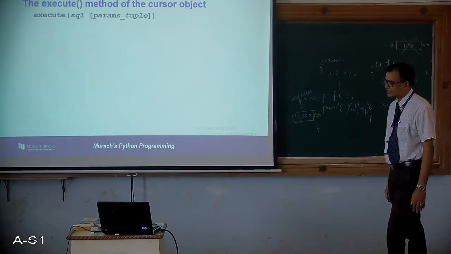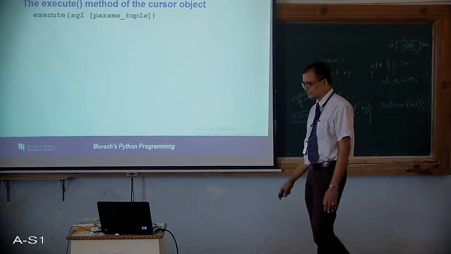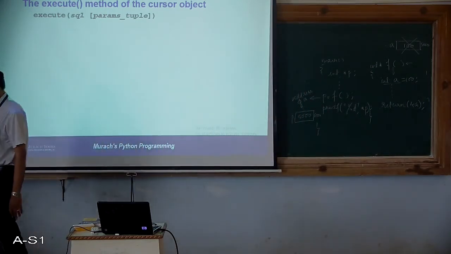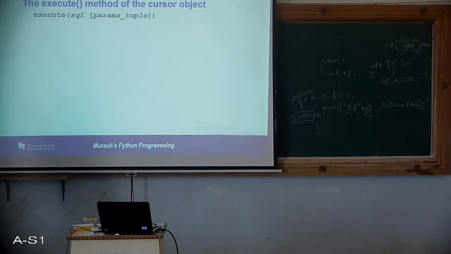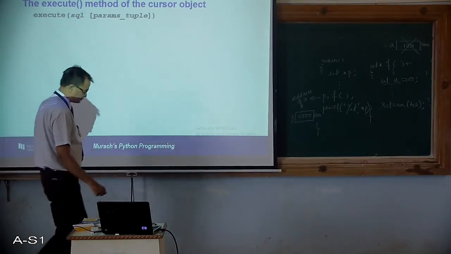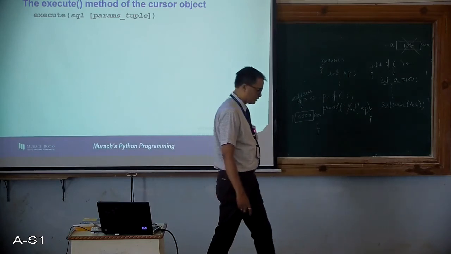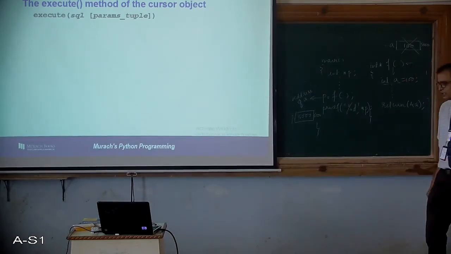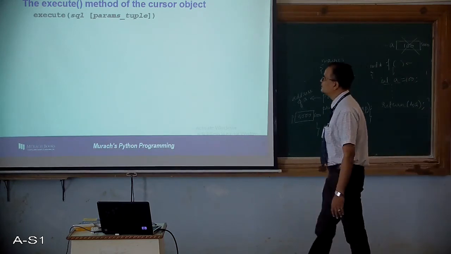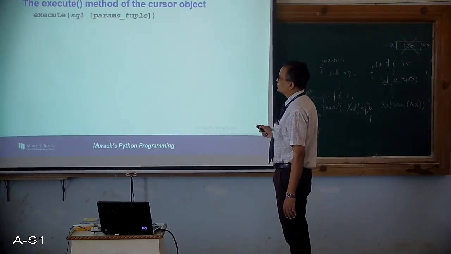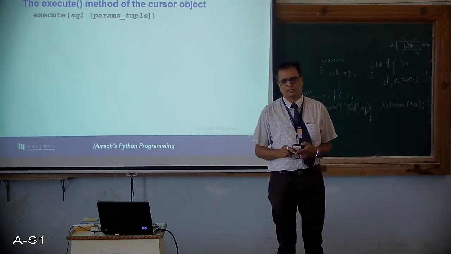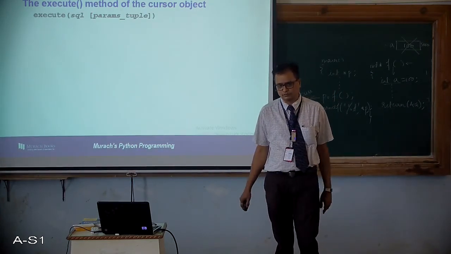Then the next thing that comes is the cursor object. Why is the cursor object created? The connect object is just to connect your database file with your programming environment. This connection object is kind of a handle which is used for accessing a database file. Whereas this cursor object will help you to execute commands on a table.